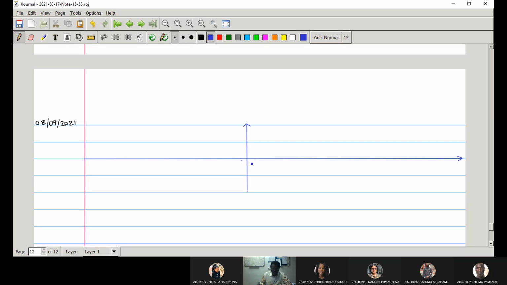This is the origin, and our function f of x.